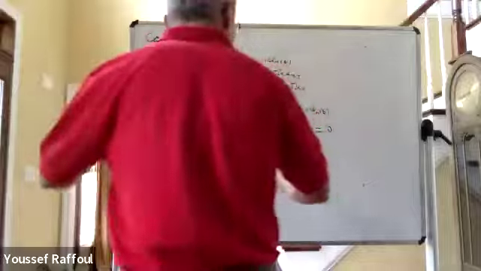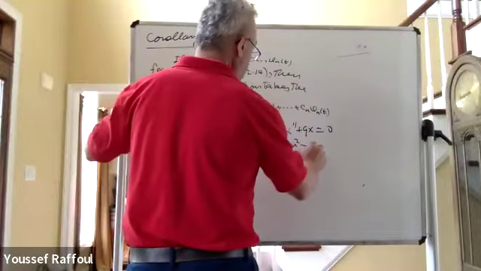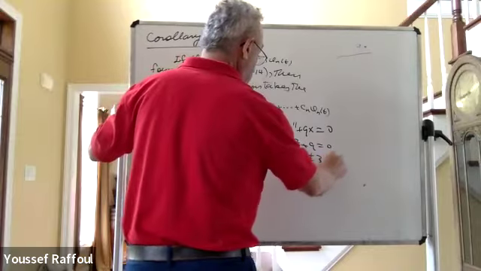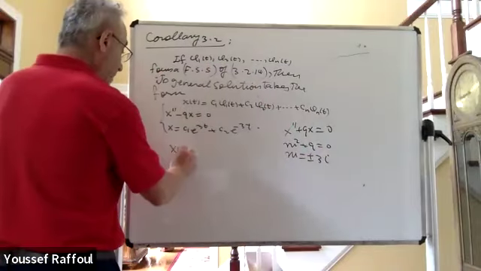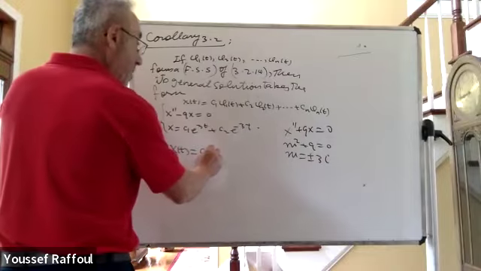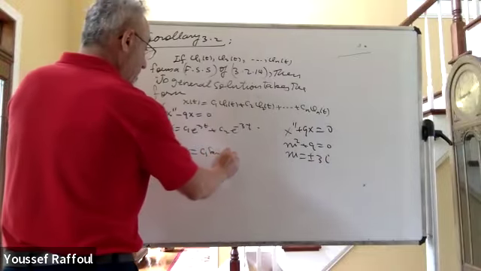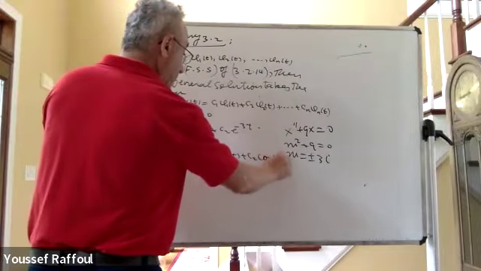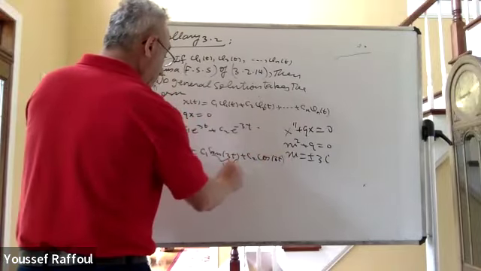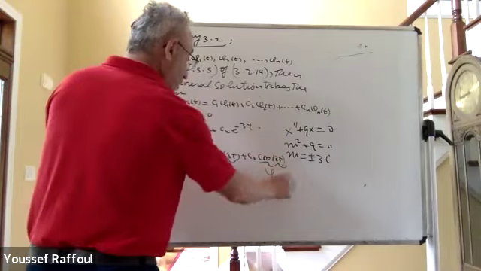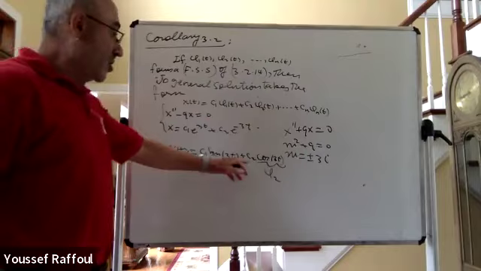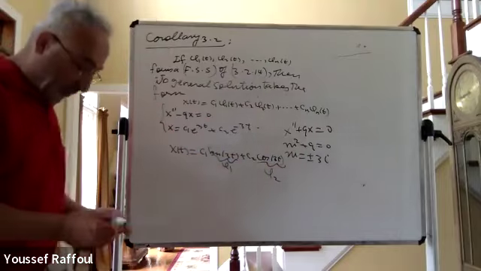Again, this will be m squared plus 9 equals 0, m equals plus minus 3i. So the solution is x of t equals c1 sine 3t plus c2 cosine 3t. So this is your phi 1, this is your phi 2. You can show each one of them is a solution, and you can show they are linearly independent.